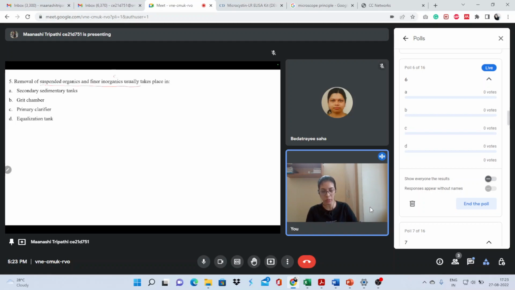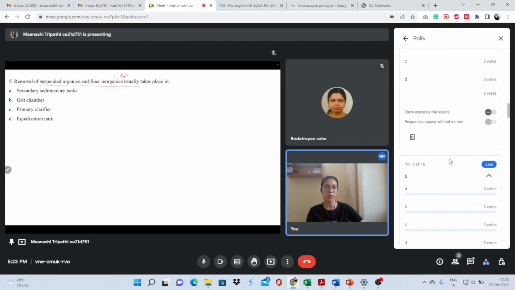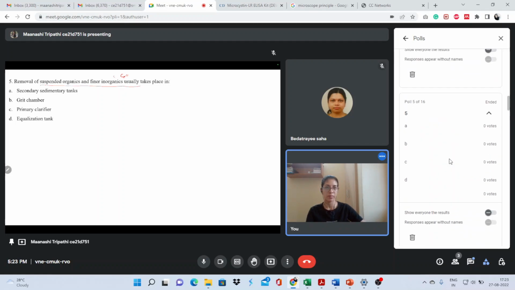Inorganics I have told you in grit chamber. Okay, but where the settling of suspended organics also takes place, and finer inorganics, they'll be there only.